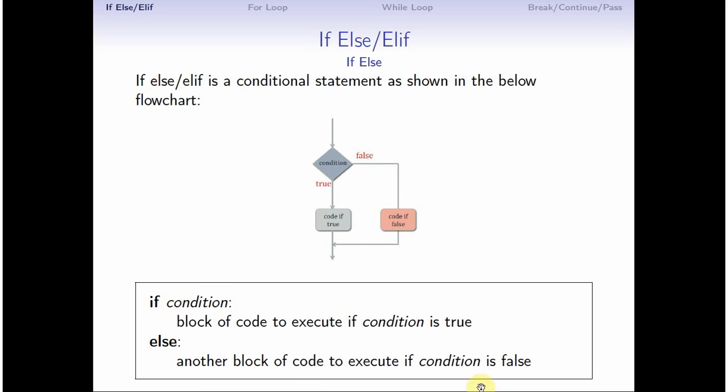So how does the whole thing look like? It looks like this. If some condition you give, with a colon, then enter. Note that for all this coding, indentation is also important. When you press enter in your Python interpreter, most of the time you will have auto indentation.